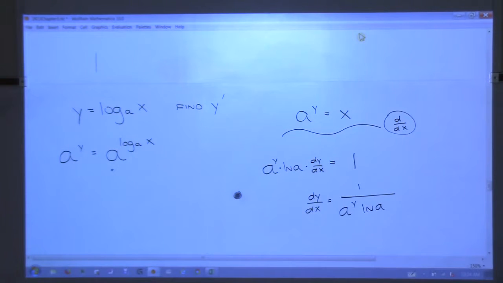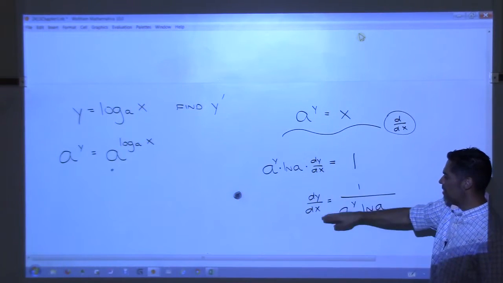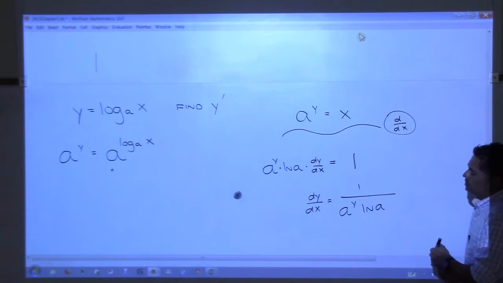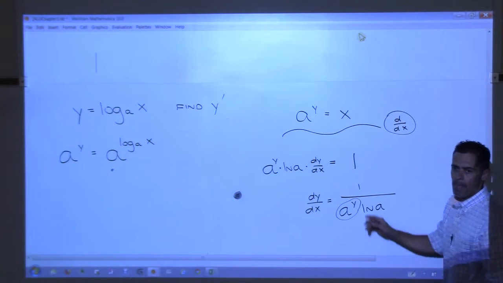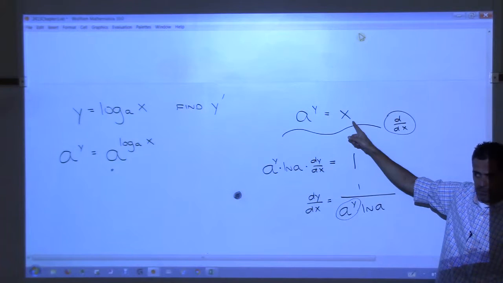Is that okay so far? All I did was take this and divide it on both sides so I get dy dx by itself. Almost there. What is a to the y? X, isn't it?